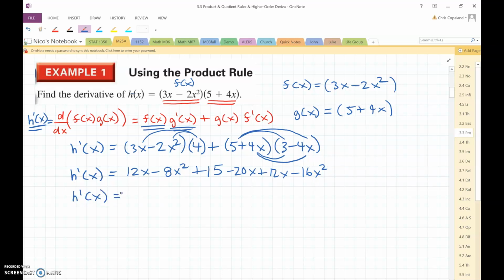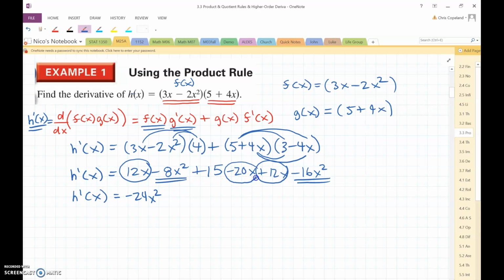And then I'm just going to combine like terms. So negative 8x squared and negative 16x squared would be negative 24x squared. 12x and 12x would be 24x.